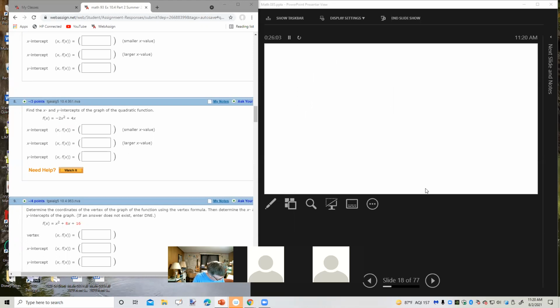Let's say we've got the following function: f of x equals x squared plus 2x minus 5. Keep in mind, f of x is just another name for y, right? So this is the same thing as if we wrote this function using basic equation notation.